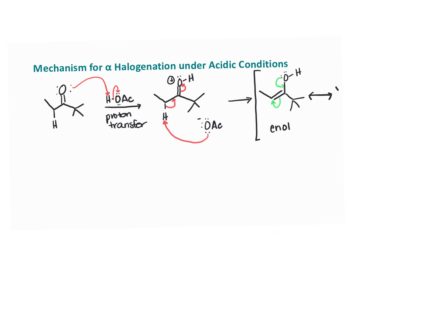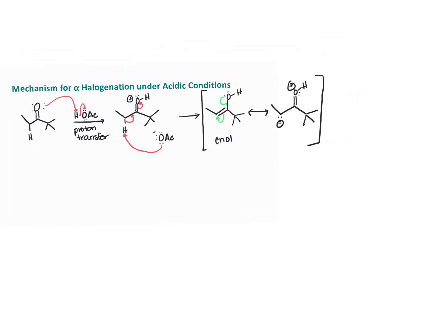What happens now, right, is this is one of the examples where we are going to use the keto form here. So this is the keto form to go through the next step of the mechanism. So in the next step of the mechanism, it's an Sn2.